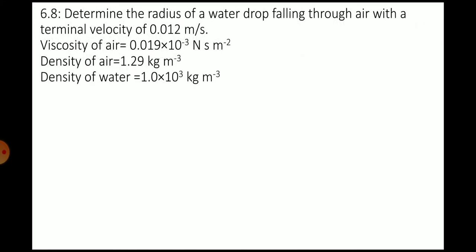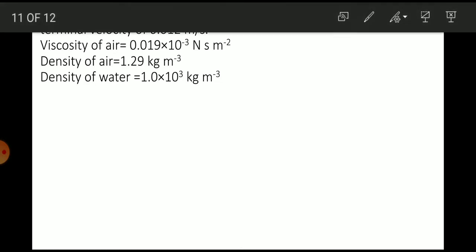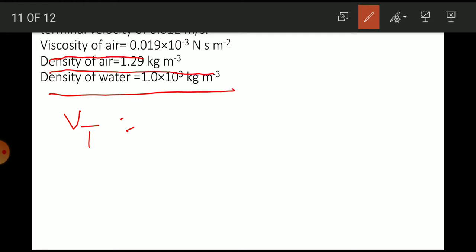Now 6.8. Determine the radius of a water droplet falling through air with a terminal velocity. Terminal velocity is given. Density of water is given. Density of air is given. Viscosity of air is given.